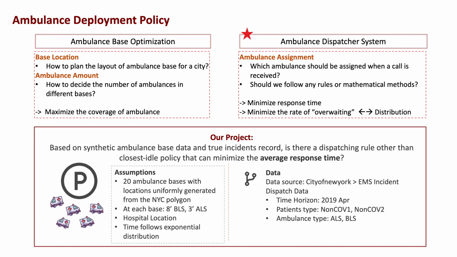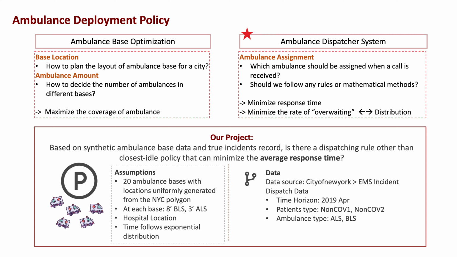In our project, we make assumptions about ambulance base locations that are generated from the New York City polygon, and the number of each type of ambulance in the base. We also make assumptions about the hospital location. Moreover, we assume that the time spent at the scene and the time spent in the hospital follow an exponential distribution.